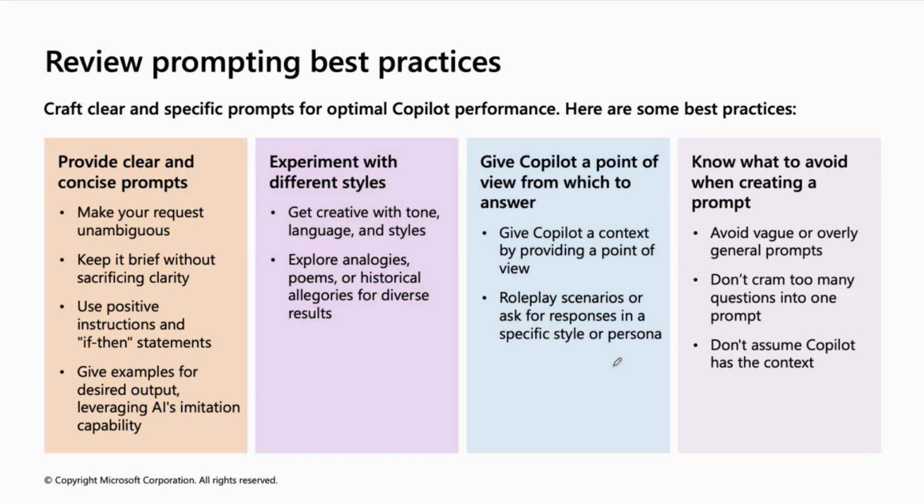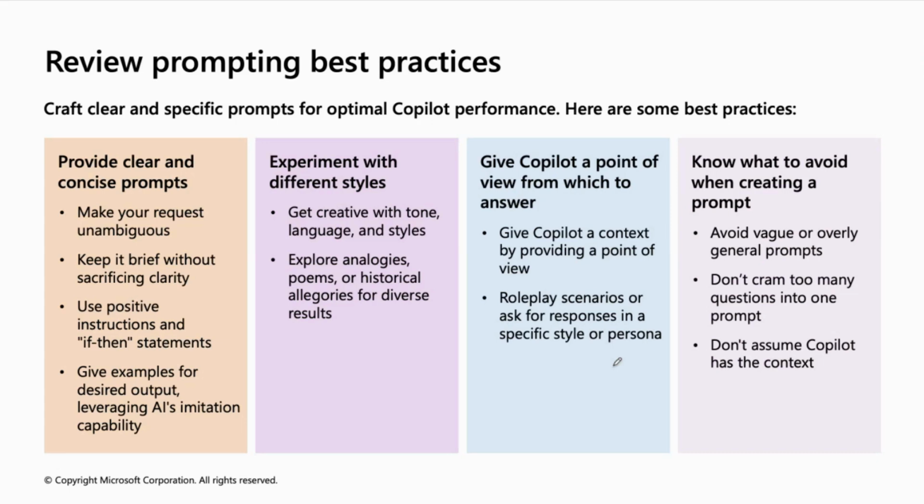Just like in your organization, when you give instructions to your team members, clear instructions help your team complete the task in a quality way. Just like that, you are using Copilot. Your prompt should be clear so Copilot understands your intention.